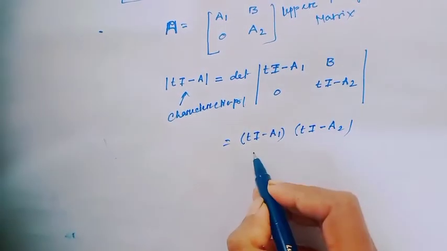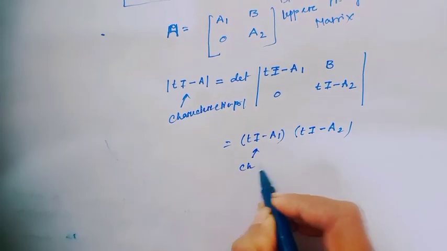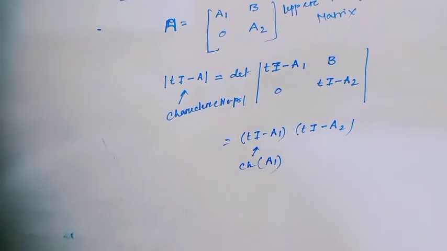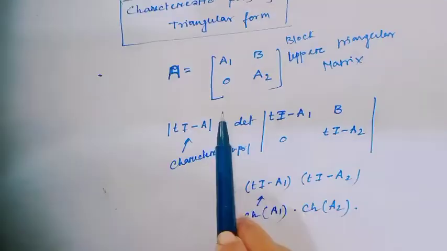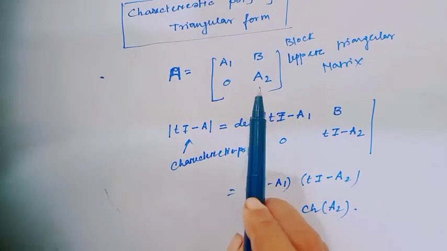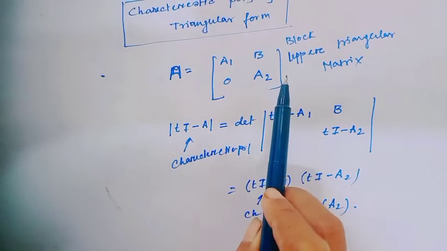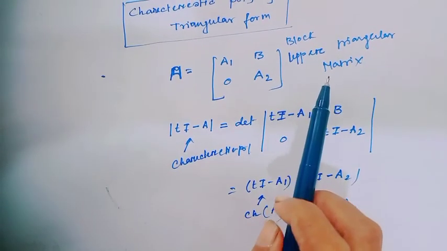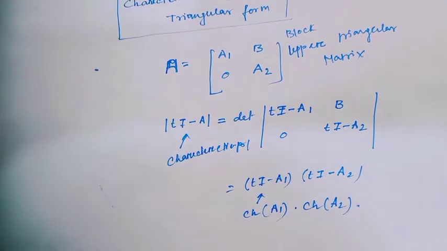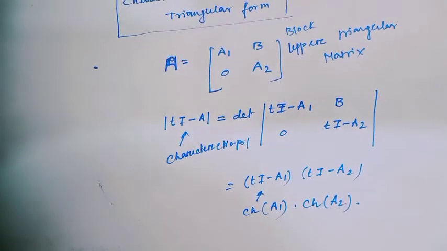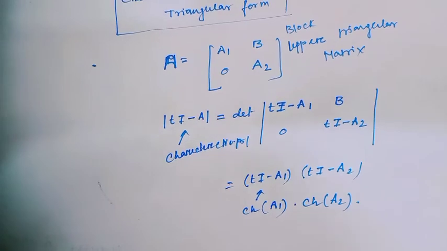This is nothing but the characteristic polynomial of A1 times the characteristic polynomial of A2. That means the characteristic polynomial of a block matrix, if the block matrix is upper triangular, lower triangular or block diagonal, would be of this type.